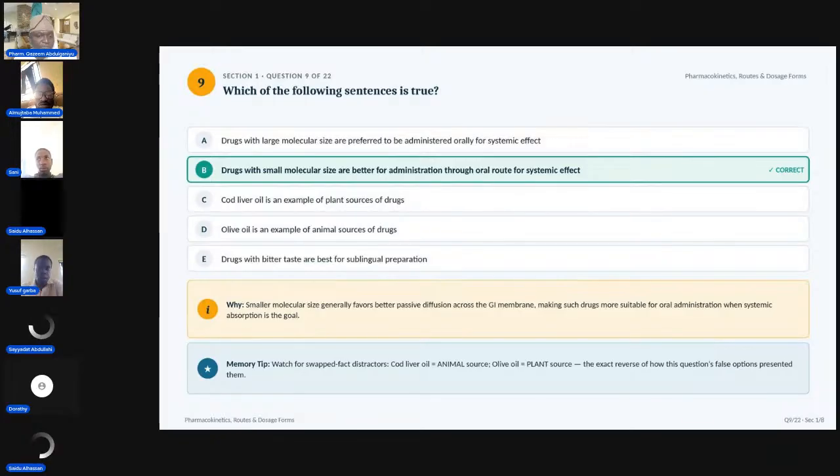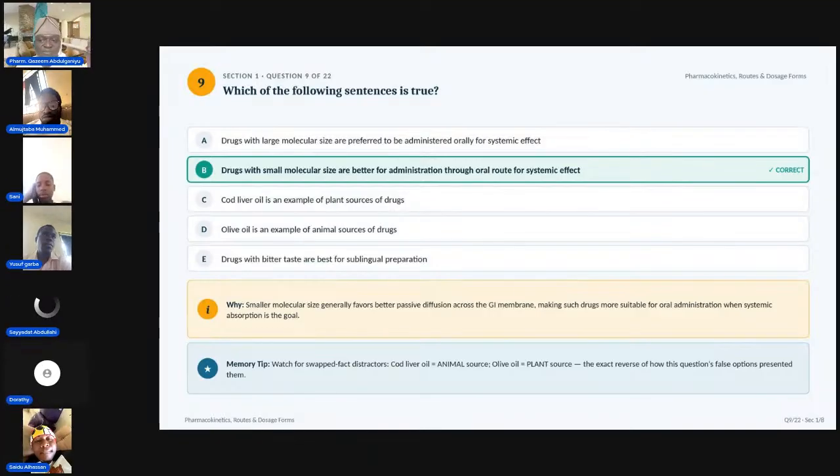No. Drugs with smaller molecular size are better for administration through oral route for systemic effect. Okay. Cod liver oil is an example of plant source of drugs. Olive oil is an example of animal source of drugs.